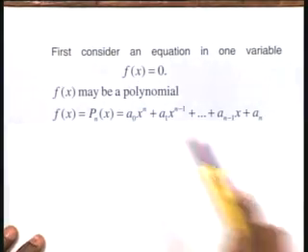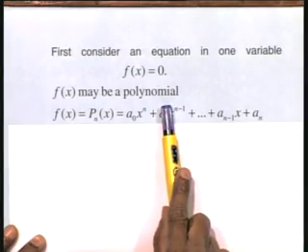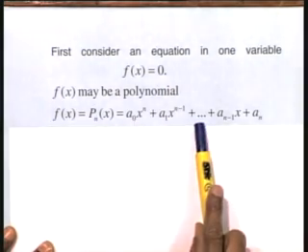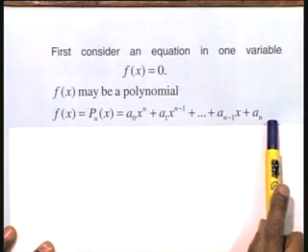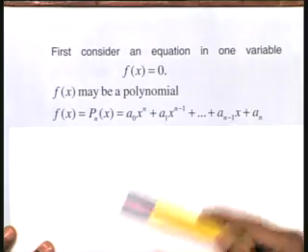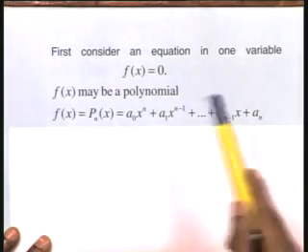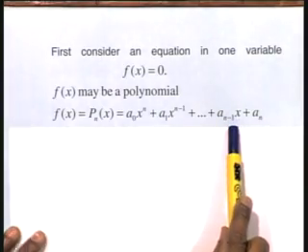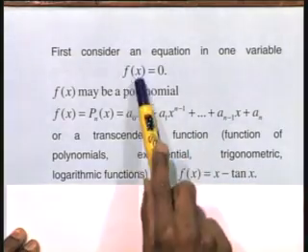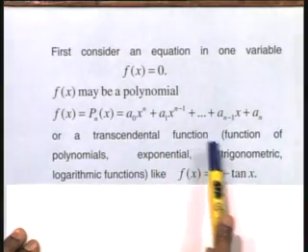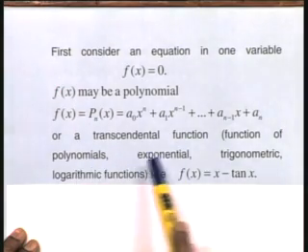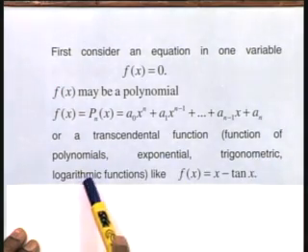Now here this f(x) may be a polynomial, that is a0 x to the power of n plus a1 x to the power of n minus 1 and so on, up to a n minus 1 x plus a n. So it could be a polynomial for which we are finding the roots. For example, earlier we talked of finding the roots of a polynomial. Or we may be talking of a transcendental function. f(x) could be a transcendental function, that means a combination of polynomials, exponential functions, trigonometric functions, logarithmic functions.